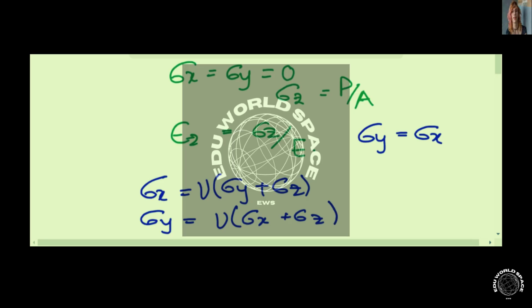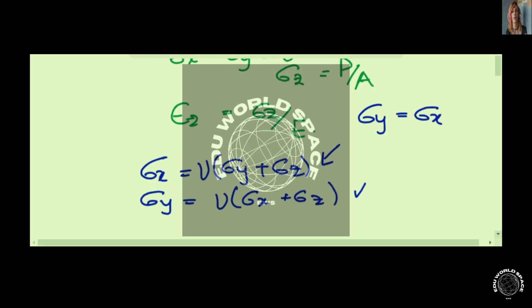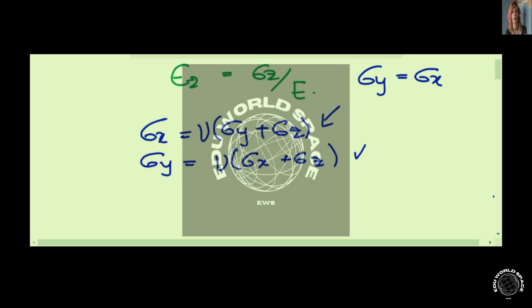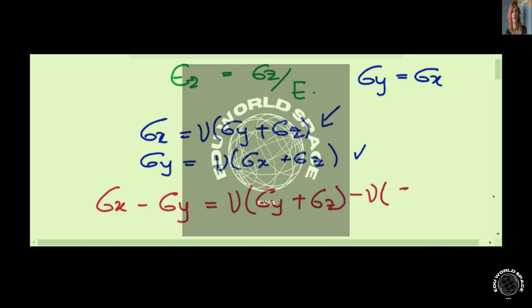Now what we're going to do is subtract this equation from this equation. So we would have the stress in the x direction minus the stress in the y direction, and that is equal to epsilon times the stress in the y direction plus the stress in the z direction, minus epsilon times the stress in the x direction plus the stress in the z direction.